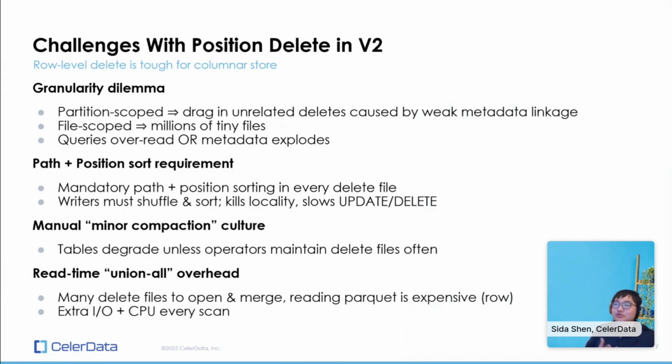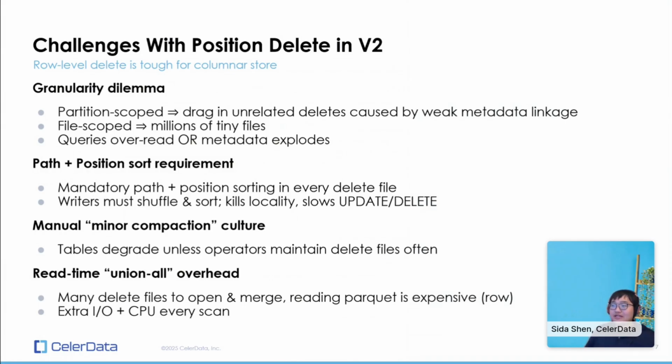And second, when you write your deletion files, your writer actually has to do a global sort of all of the data it's trying to write, sorting on the path and the position. You have to do that for every single delete file. That's a big shuffle on the writer side. If you're using Spark, that's a really big shuffle.